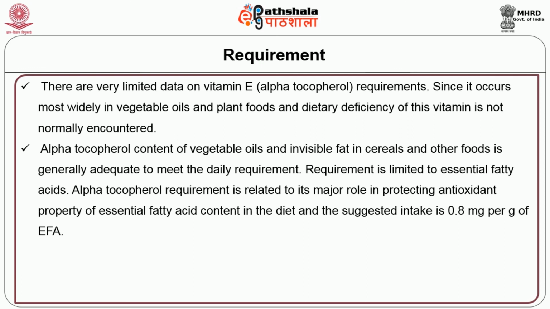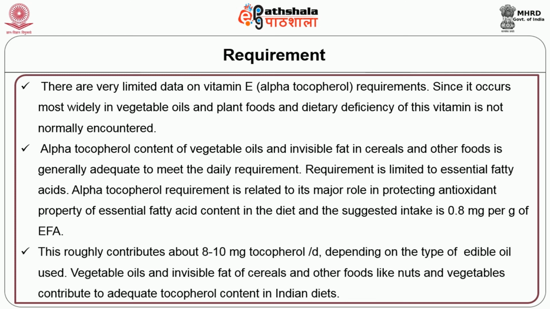Alpha tocopherol requirement is related to its major role in protecting the antioxidant property of essential fatty acid content in the diet, and the suggested intake is 0.8 mg per gram of essential fatty acid. This roughly contributes about 8 to 10 mg tocopherol per day depending on the type of edible oil used.